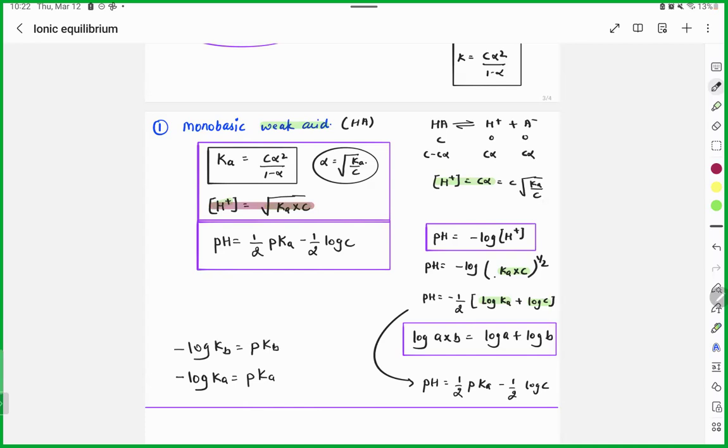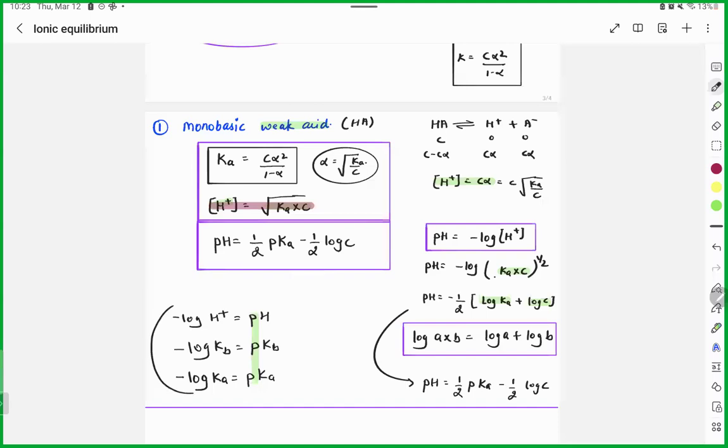It is the same as the H positive ion: minus log H positive ion will be equal to pH. So every time you are adding p in front of everything, you are converting minus log into this.